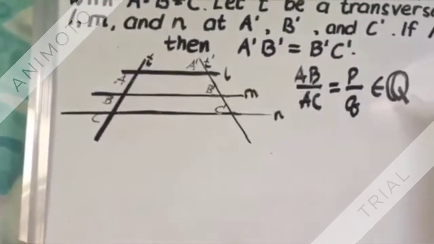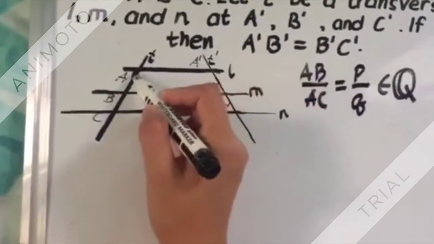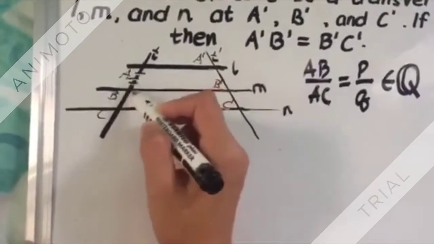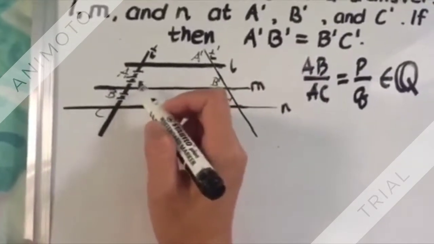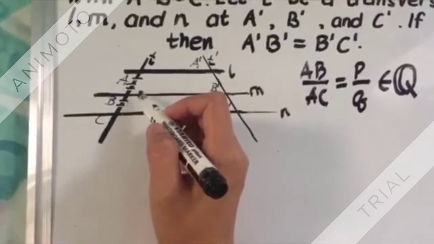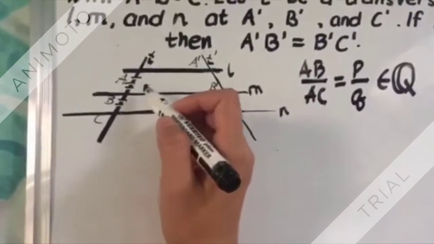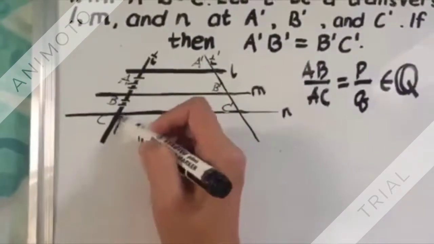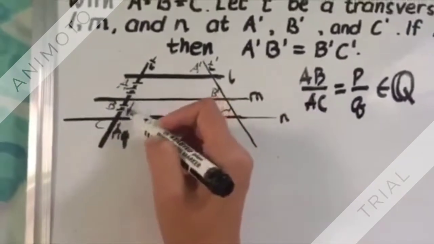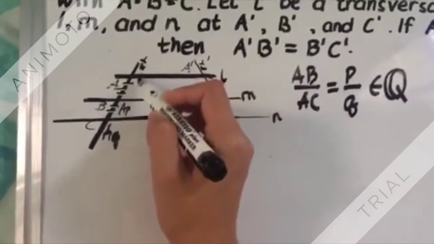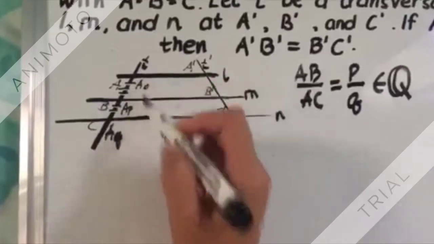So we divide this into equal parts. So we conclude that this part has Q equal parts, this part has P equal parts, and this one has 0 equal parts.